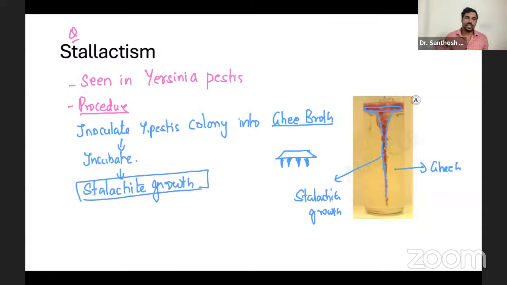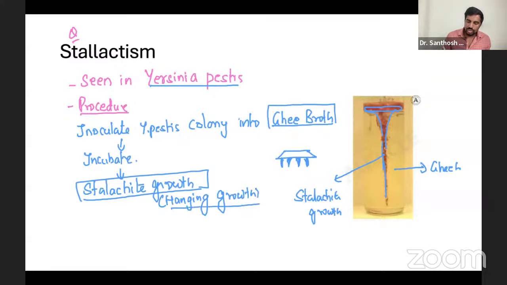That's it. This much only you're going to write, and you're going to write Yersinia pestis. Another point, the procedure: two things you should know. One is your ghee broth. The other is that in the morning you'll see a hanging type of growth, the stalactite growth, or hanging growth, whatever. So you see this much. This is your stalactitism. This much only. Very, very simple and easy. Nothing to confuse here, right? Yeah. Now, next one.